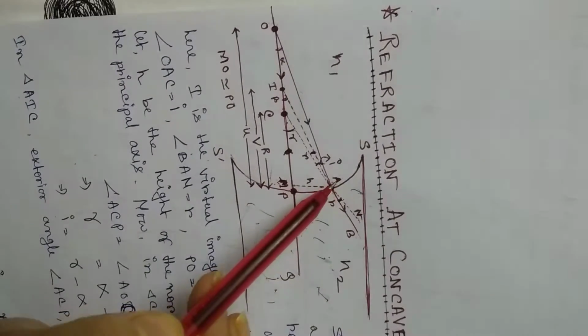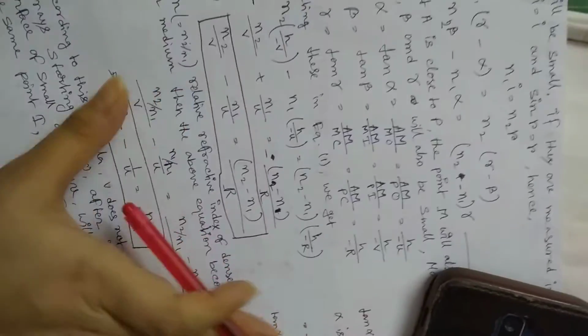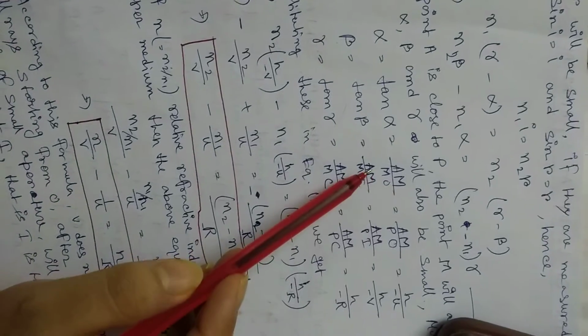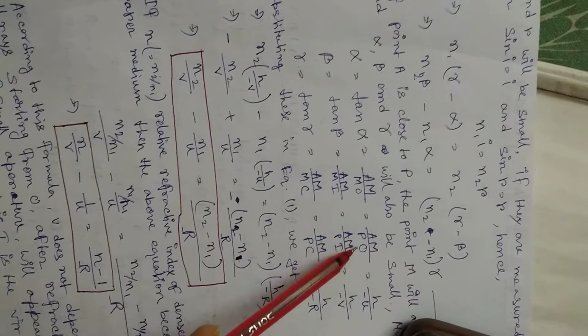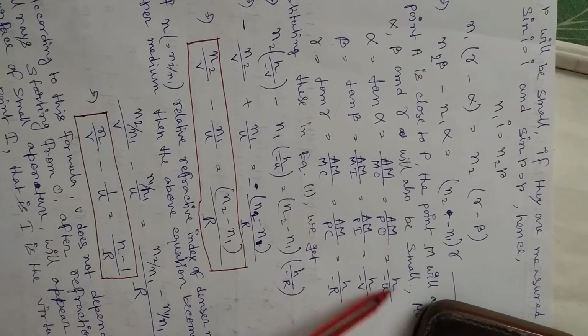So we can write tan alpha equals AM by PO. We can replace MO by PO, that means AM by PO, which equals h by minus u, because PO is the object distance and here I am assuming it as u. So alpha equals h by minus u.